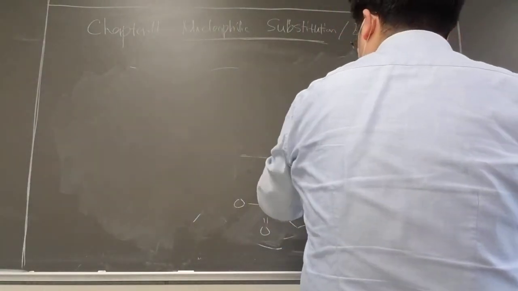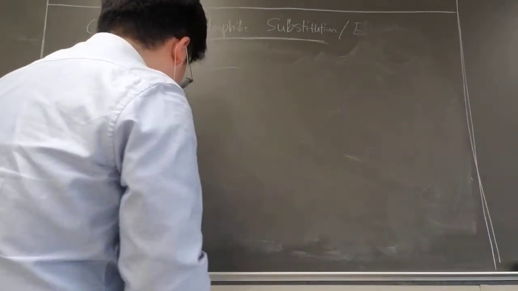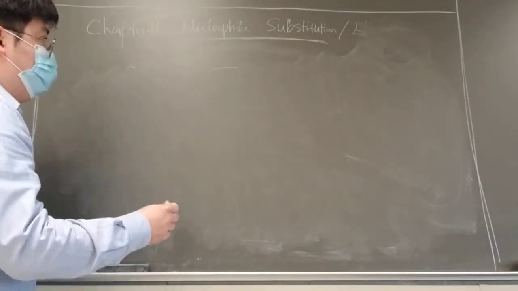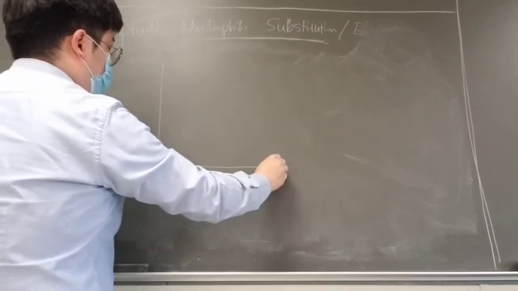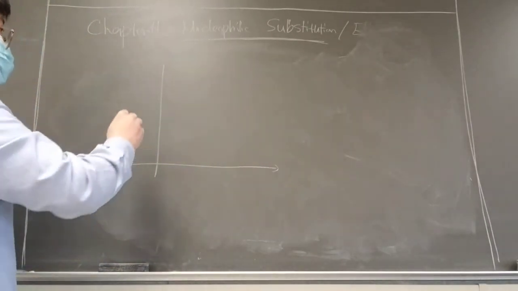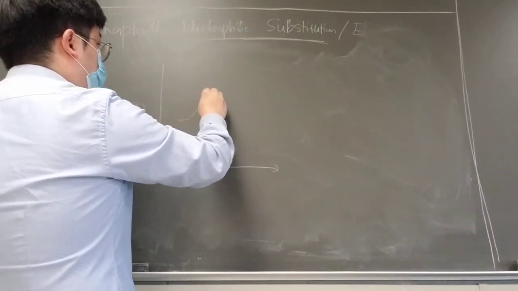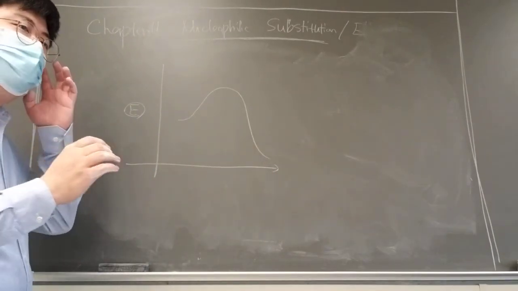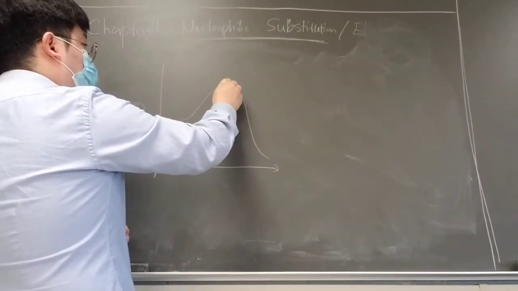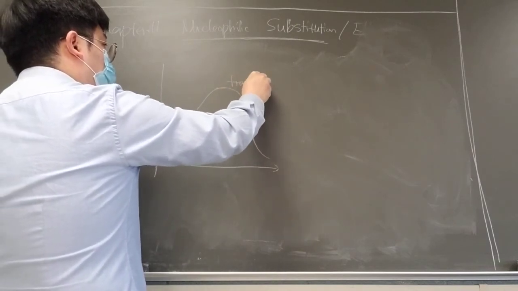The leaving groups and everything matter because, if you look at the energy diagram over here, maybe we have some type of reaction that happens in only one step, so you're going to have only one transition state.